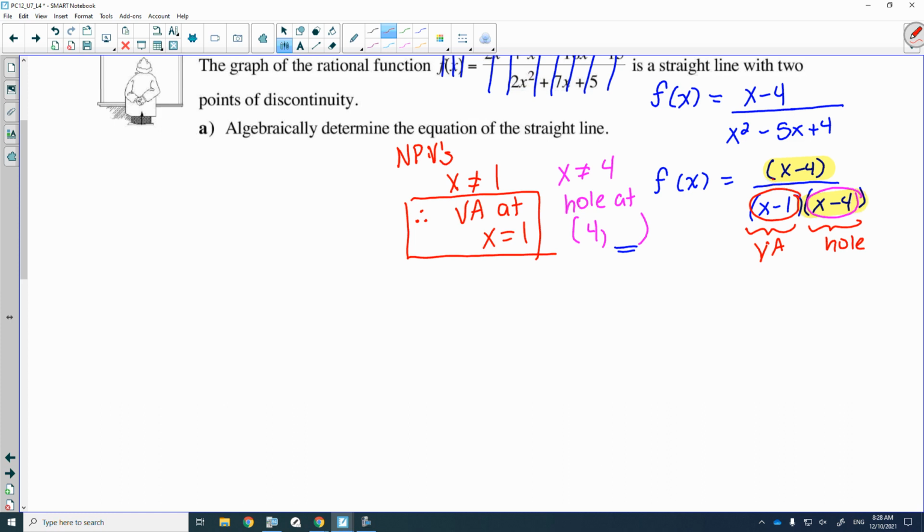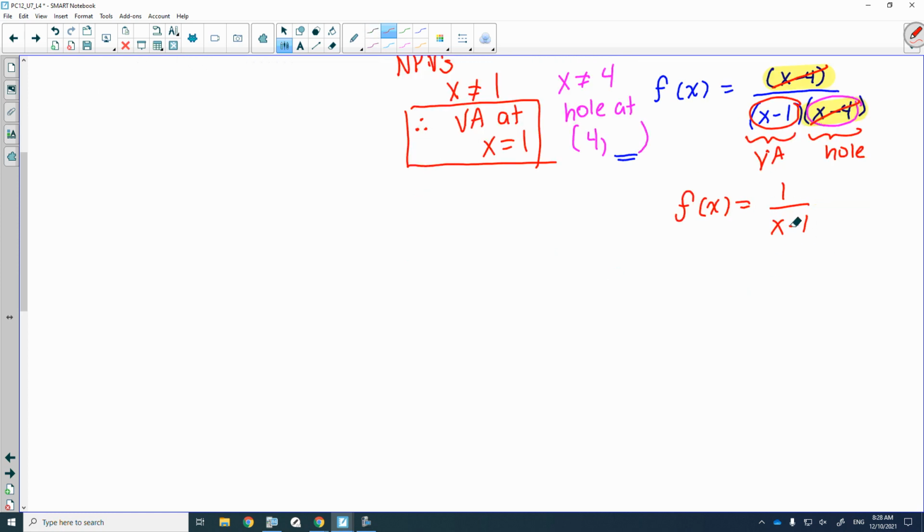So if it's got a hole, you're going to have factors that will cancel. So we're going to have f of x is equal to 1 over x minus 1. From here, we need to figure out the y value of the hole. So the y value of the hole is, once you have your simplified rational function, you take that x and you put it in that function. So we're going to take that 4, and we're going to put that in for x.